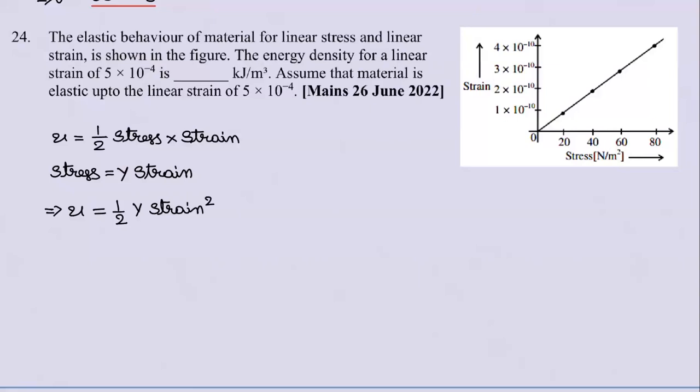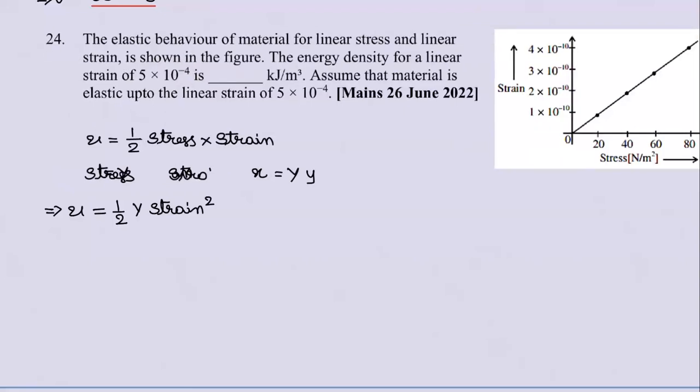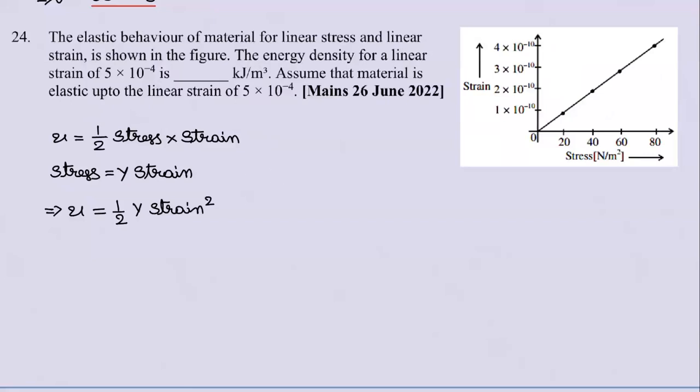You may feel that, but observe, strain is on the y-axis, so small y, and stress is on the x-axis, x is equal to capital Y. Check it. This is the formula, tricky.